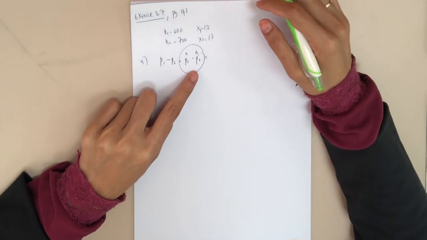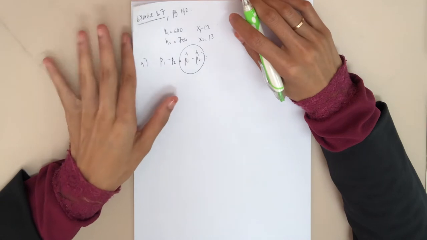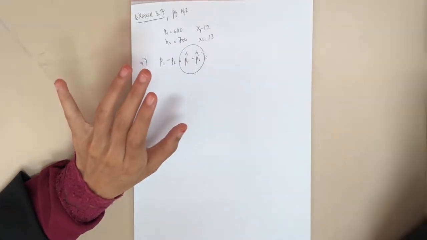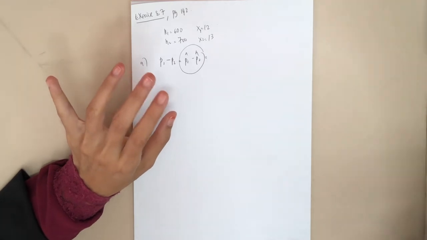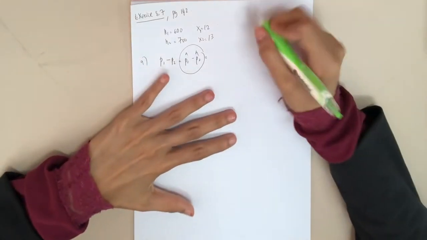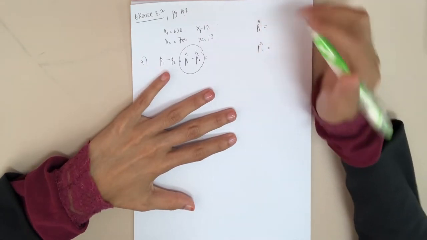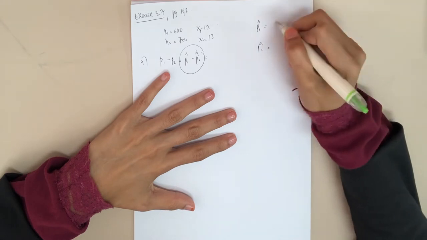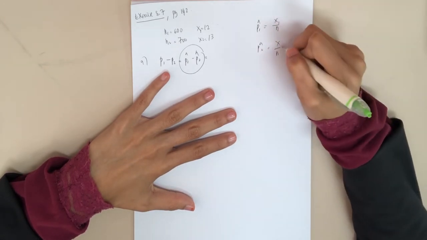It isn't given, is it? It doesn't state P hat. So what we need to do now is find by yourself what P is. P1 hat equals what? P2 hat equals what? How do we get P actually? P is X over n, and X1 and X2 of course.